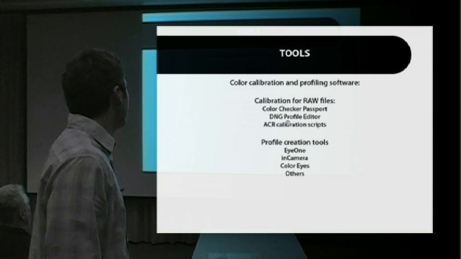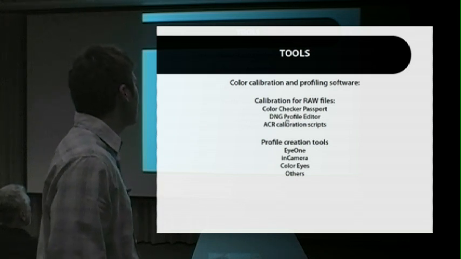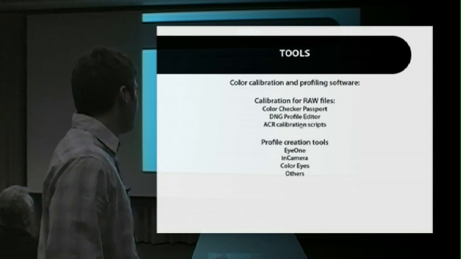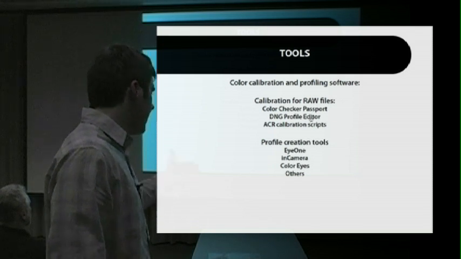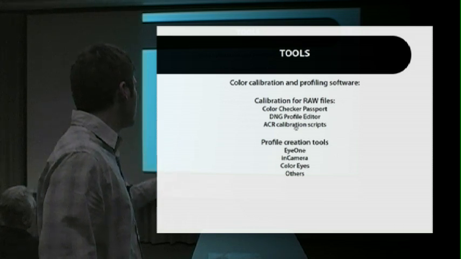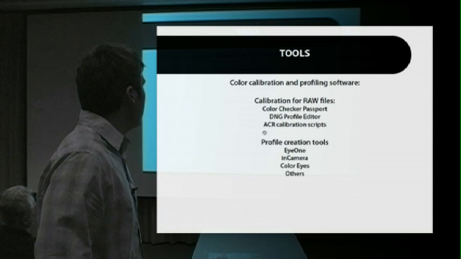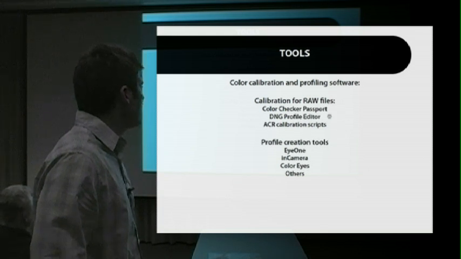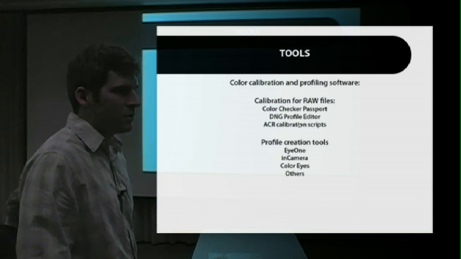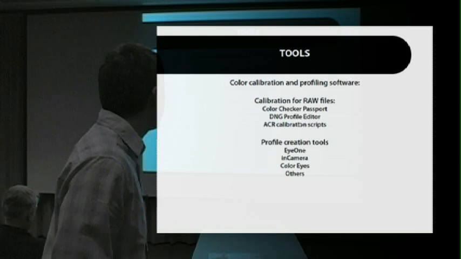So here are the tools we're going to go over specific to color calibration and profiling. For calibration, the Color Checker Passport has software that comes with it that creates color calibrations. There's also an Adobe product that does a very similar thing. It's free from Adobe Labs. You can get a reference from me if you want the link to it.